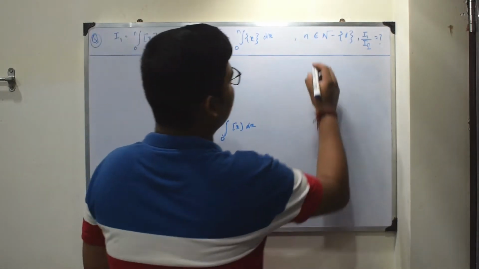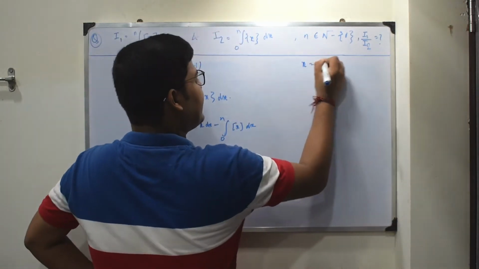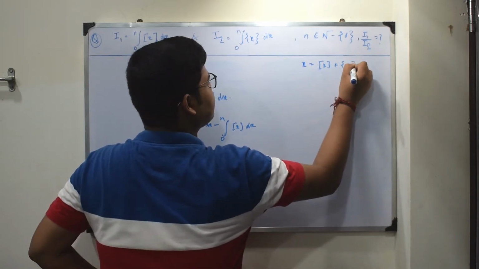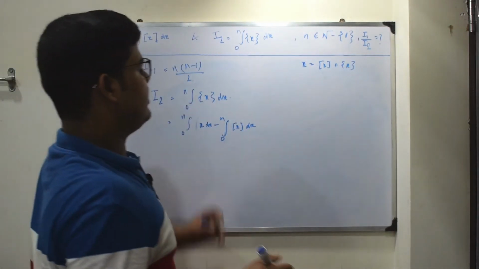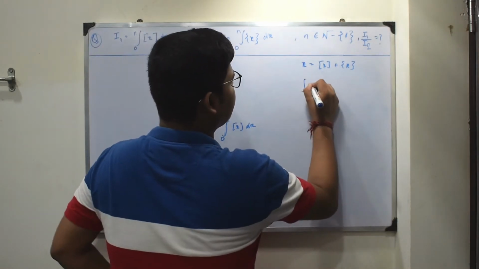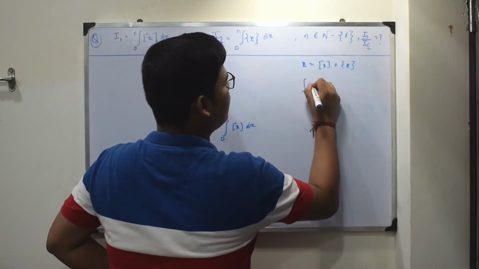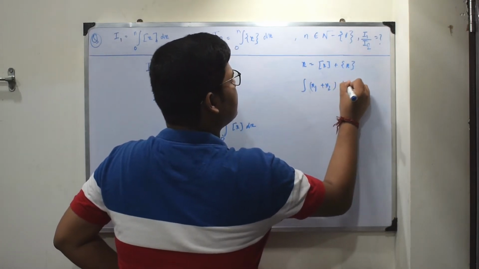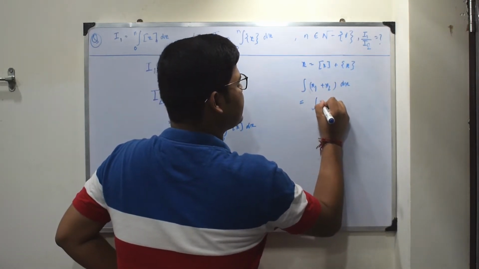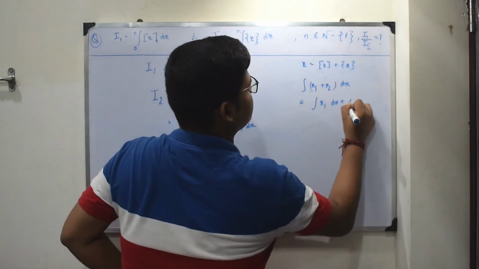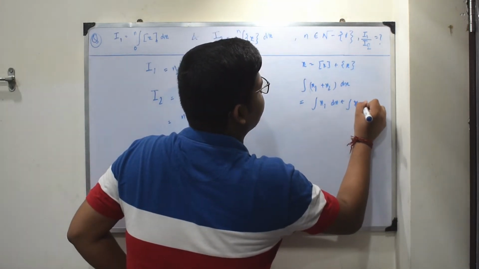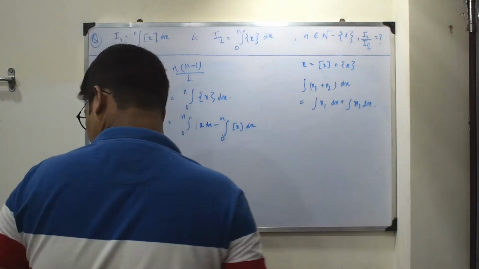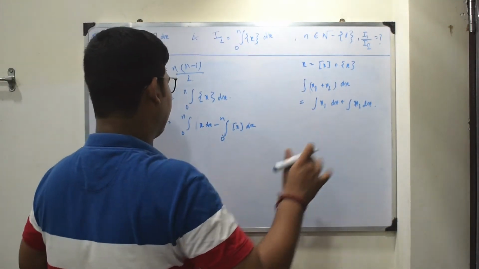How? x is equal to the greatest integer of x plus the fractional part of x. From here we are getting this, and if we take anything like x1 plus x2 times dx, we can simply split this as x1 dx plus x2 dx. So these are the two properties I am using. You may note this, I will be rubbing it off.